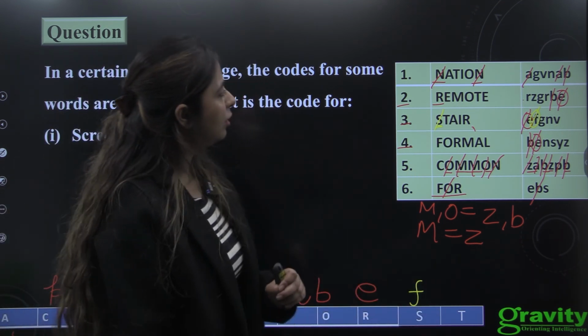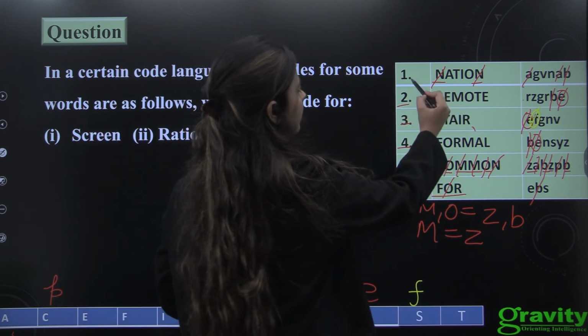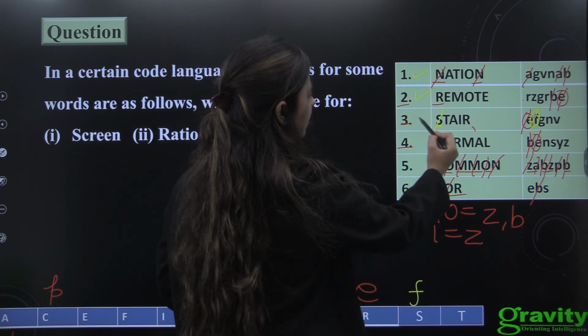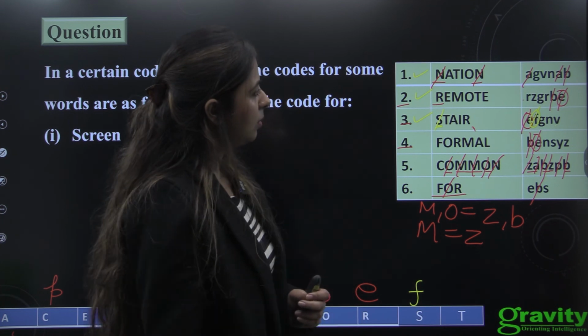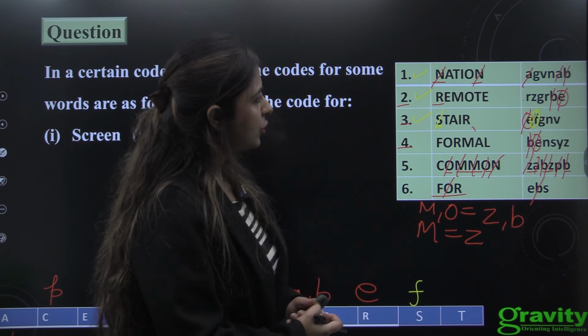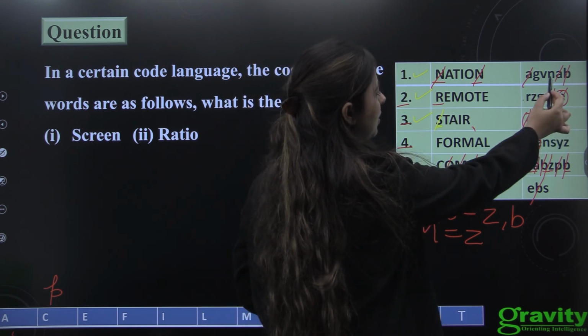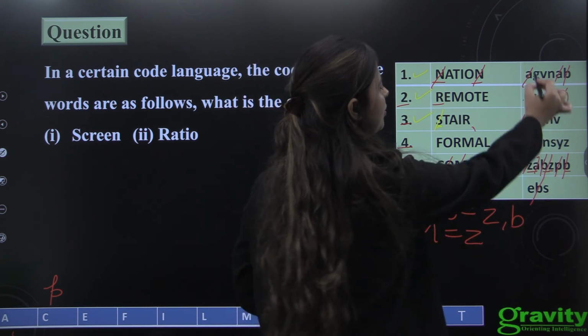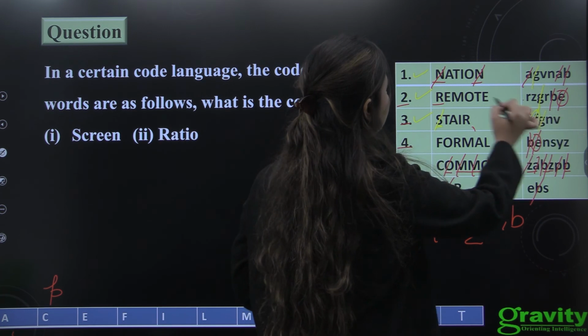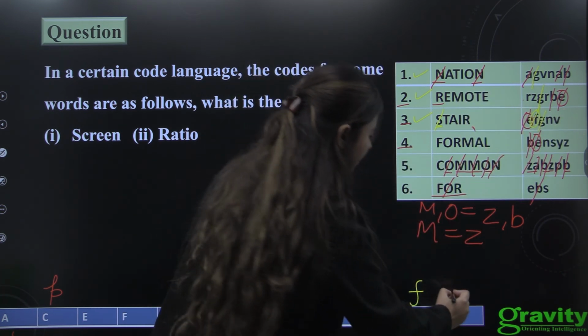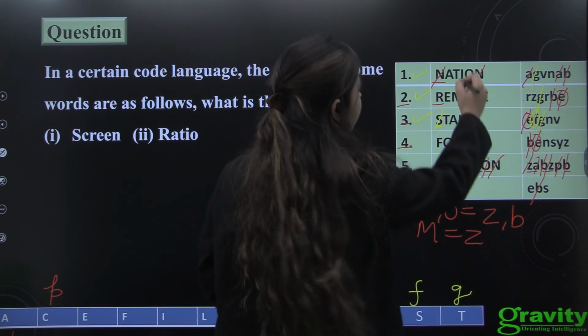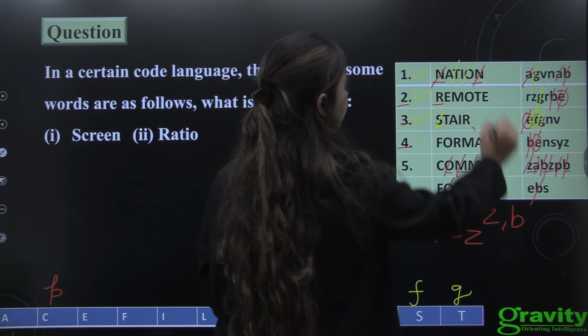For T, look for the common letter in 1, 2, 3. What's the common one here? G. Correct? Yes. V doesn't repeat in 2, N doesn't repeat in 2, G repeats. So G has to be T. G is done, O is done.